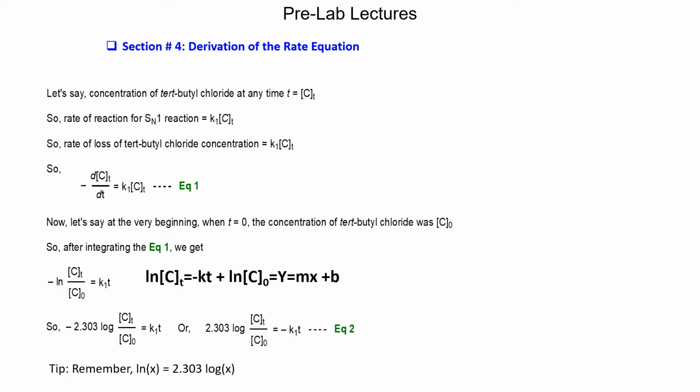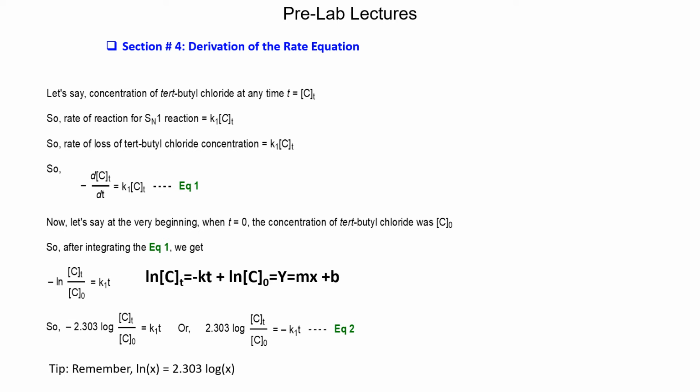If we integrate this, we get ln concentration of the tertbutyl chloride at time t, as t goes from 0 to t, equals minus kt, which simply means minus the natural logarithm of concentration of the reactant at time t divided by concentration of the reactant at time 0, or at the initial time.